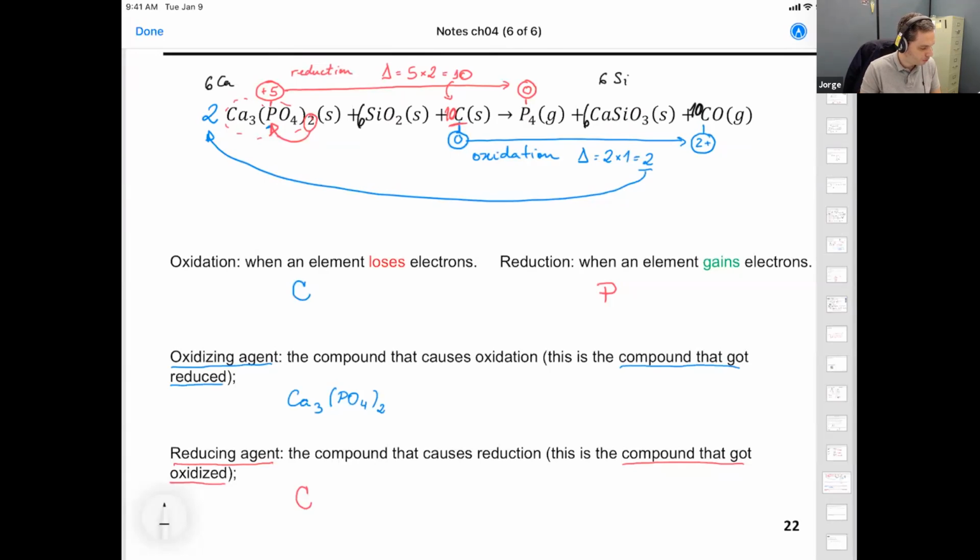And what is left is phosphorus. So we have 2 times 2, 4 atoms of phosphorus on the left side. Therefore, we must have 4 on the right side, which means a stoichiometric coefficient of 1.